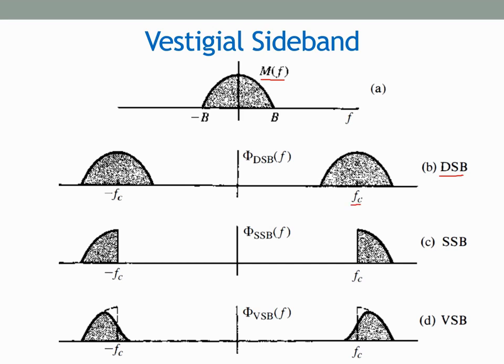Then we have the single sideband where one of the sidebands exists along the carrier, and then we have the VSB where we can see there is a small component of the rejected sideband as well in the signal. That is because the filter that we are using at this point has a gradual cutoff, and practically filters have gradual cutoff. We cannot have a perfectly sharp cutoff filter.